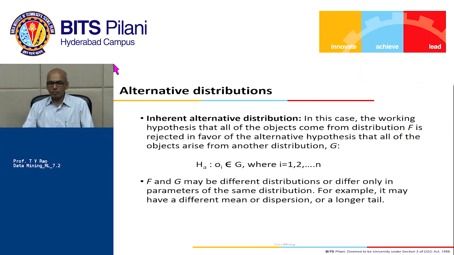It is more like trial and error because we cannot get it right the first time. So we can have an alternate hypothesis which says that the objects belong to distribution G. And here G may be a variant of F, with the same distribution but different parameters, let's say a Gaussian distribution with different parameters, or it may be a different distribution.